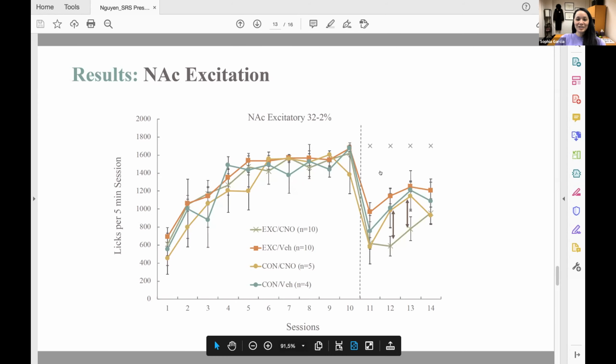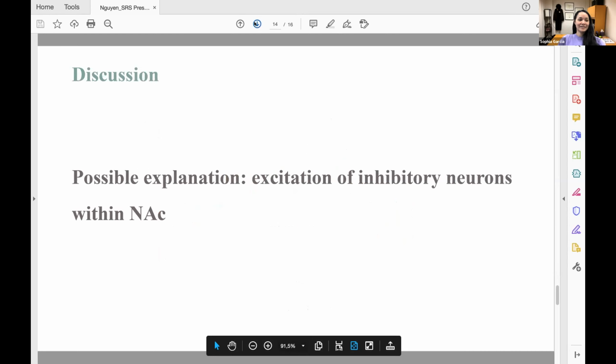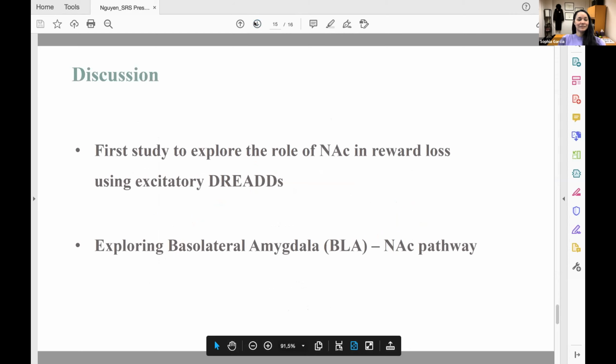We have another question that asks what would you like to do next in this study? One future direction is that we would be looking at the connection between the NAC and the basolateral amygdala, which has been shown to be involved in reward comparison.